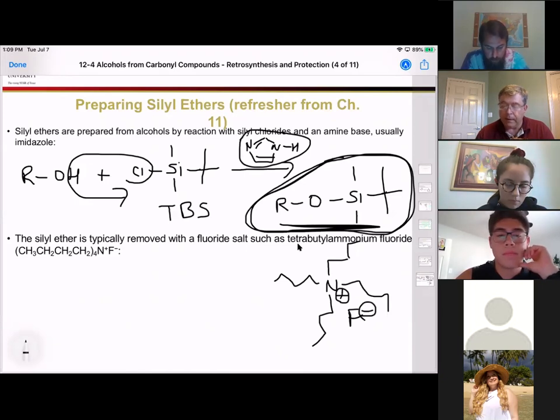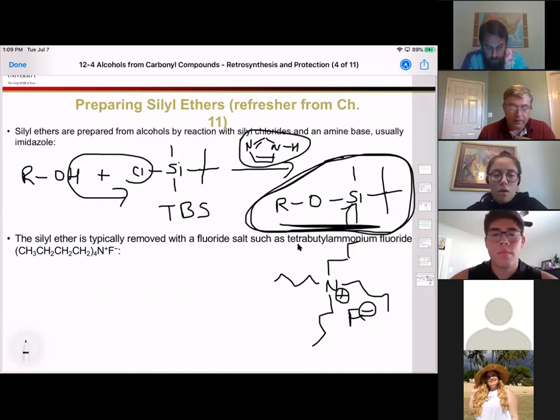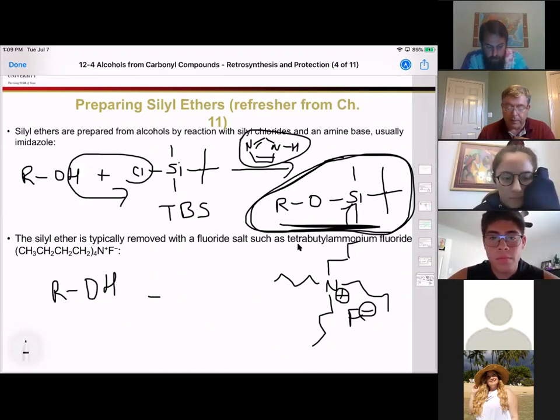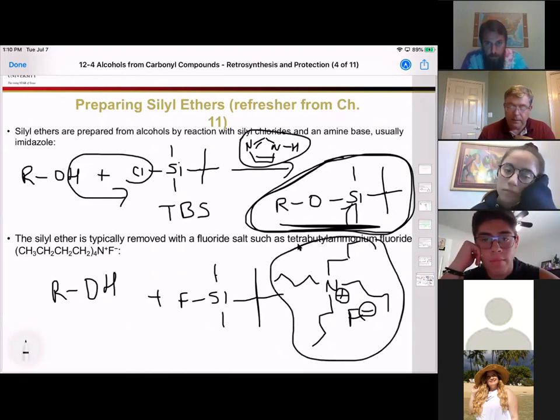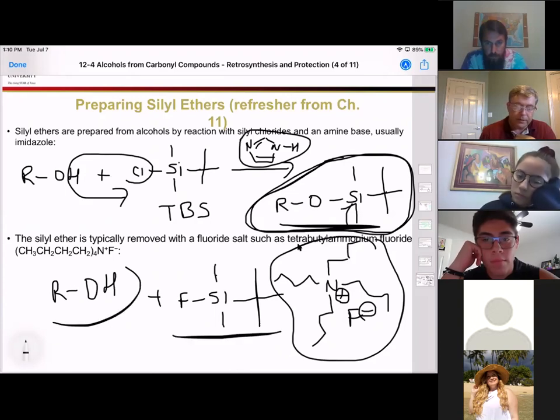And the fluoride ion will actually clip the silicon off to generate your alcohol, regenerate your alcohol, plus a fluorine-silicon bond on your former protecting group here, okay? So this fluoride ion will clip this group off, regenerating your alcohol.